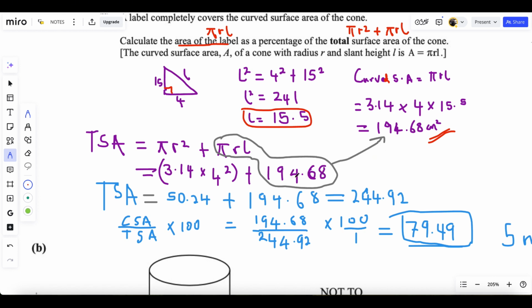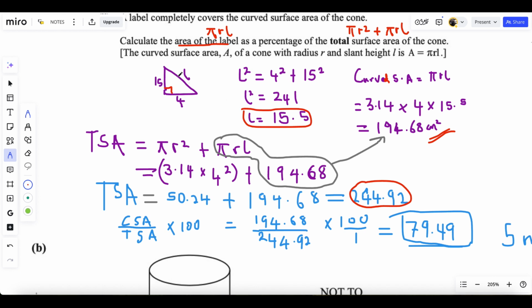I try to show here that this part of the formula has been computed. So we only compute this one. We say 3.14 times 4 squared, which gives us 50.24. Plus this value, we get 244.92. So this 244.92 becomes our total surface area.